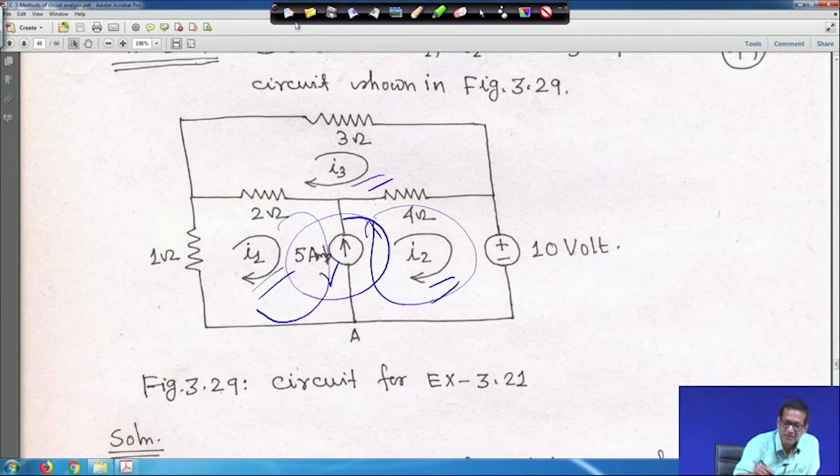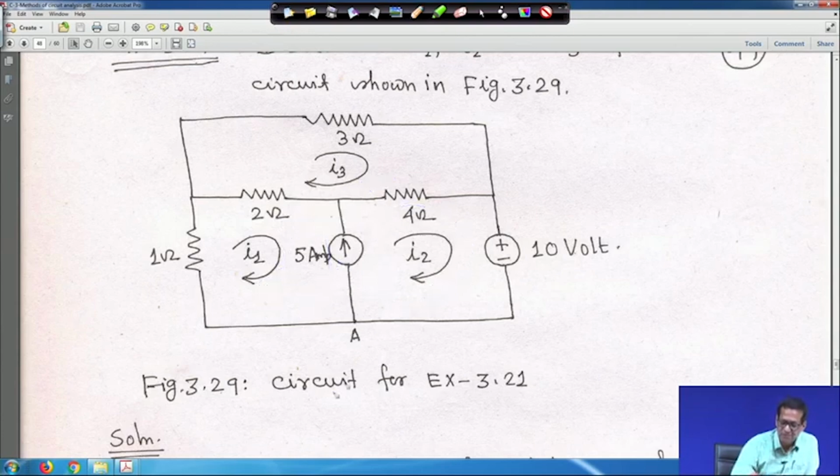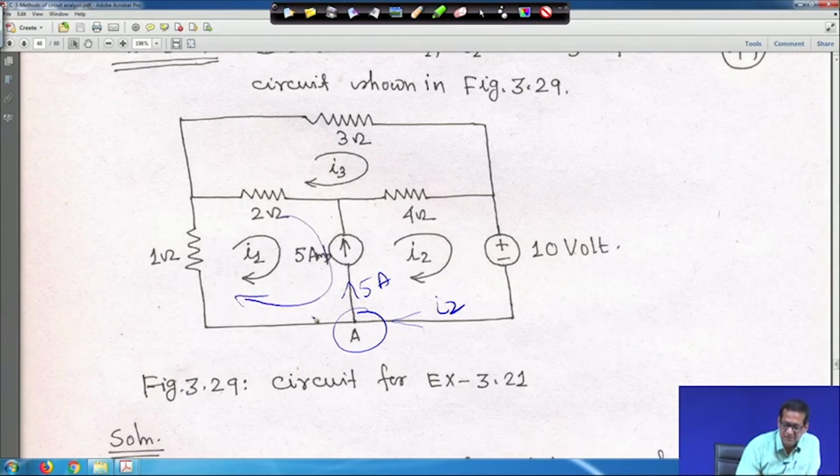So, let me clear it first. Before writing the KVL, there is one node, node A. This I2 current is coming, because we are moving clockwise, this is I2, and this is the 5 ampere current going upwards, and this is I1.